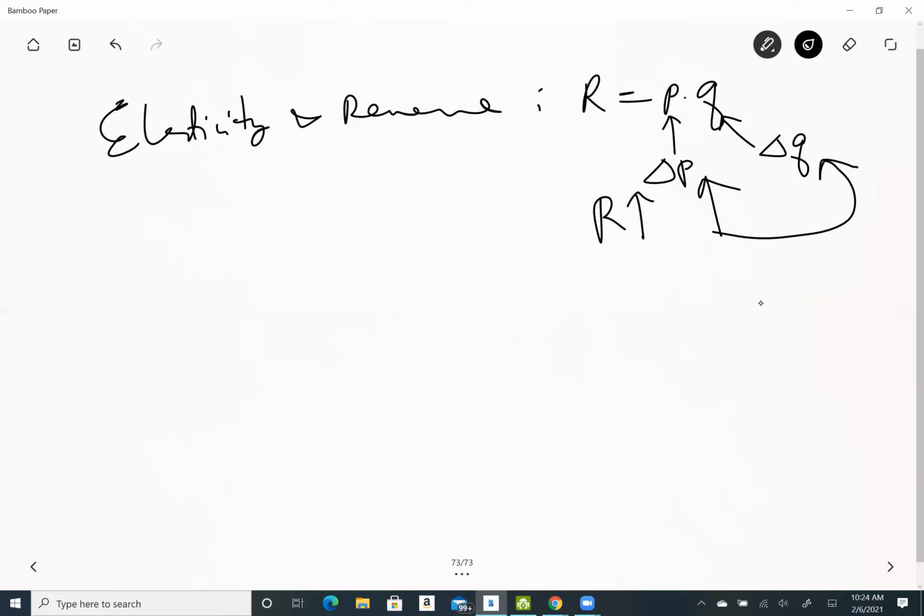But normally the one that you have control on is the price. If I want to increase revenue, I will increase price. Now when you increase price, the effect will be on the quantity. So that's where the change in quantity will also be important.